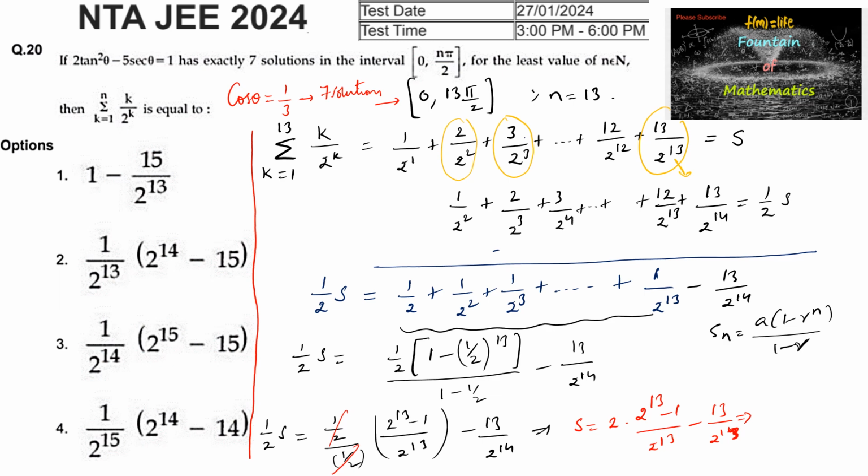So we can get 2 into 2 power 13 is 2 power 14 minus 2, and here it is minus 13 divided by 2 power 13, that is s is equal to 2 power 14 minus 15 divided by 2 power 13. So 1 upon 2 power 13, 2 power 14 minus 15 is the answer, which is option B.